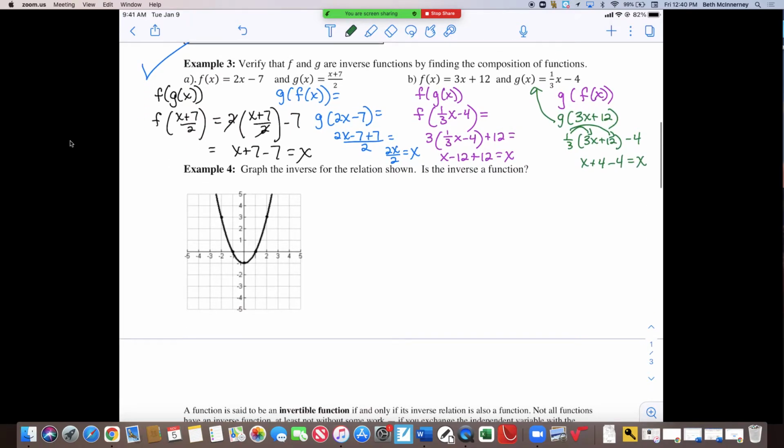All right, so let's look at example 4. It says graph the inverse for the relation shown. So here's how I do this. I call this x and y, and do you see there's dots on the graph?